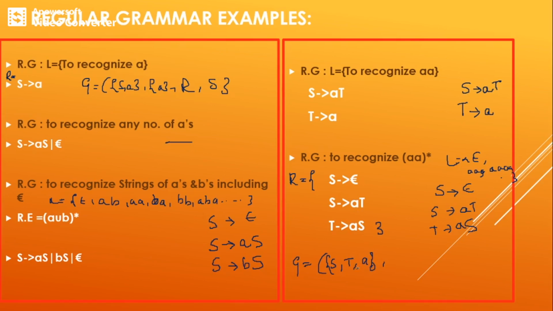Then sigma is just A. Then V is the variables, sigma is the alphabet, then we have R, which I have represented, and then S, the start state. Similarly, you can write a quadruple for all other grammars.